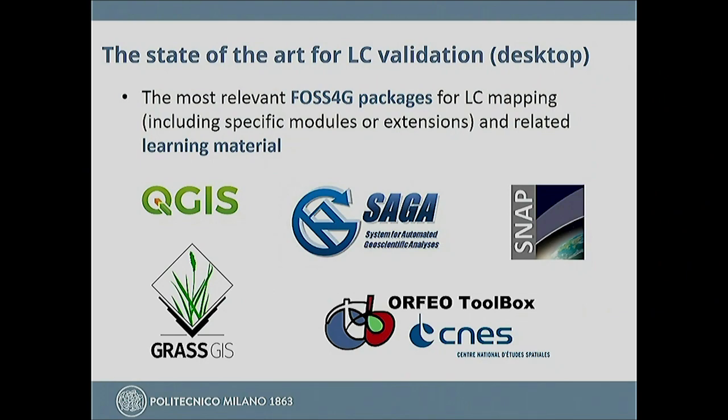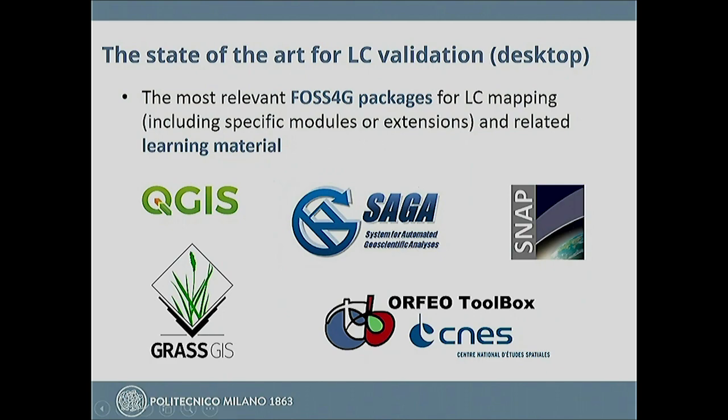About what is available for land cover, we can mention different GIS or different tools. Some of them are not specific GIS, but they have also some GIS functionalities. You already know some of those products. We will spend some more words with the products that are new for you.